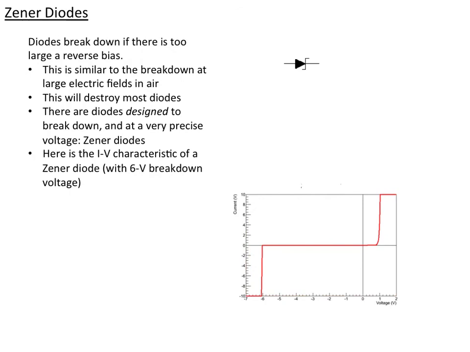Okay, one last thing. We haven't talked about Zener diodes. All diodes will break down if there's too large a reverse bias. If we make the voltage on this side too much higher than that, it'll break down and current will flow this way.